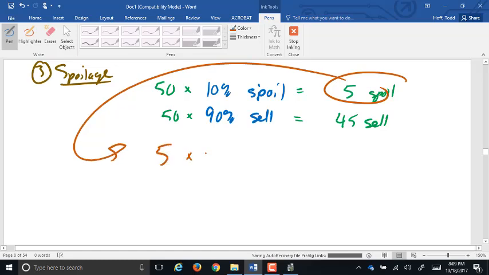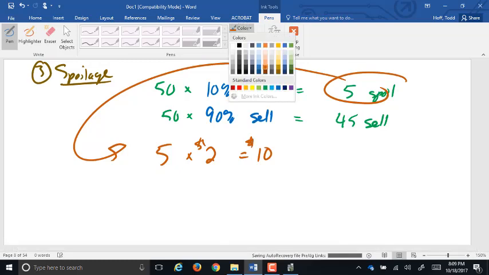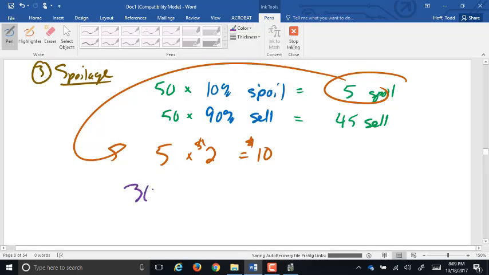Five spoiled times $2 each is $10. $300 total selling price minus $10 equals $290.